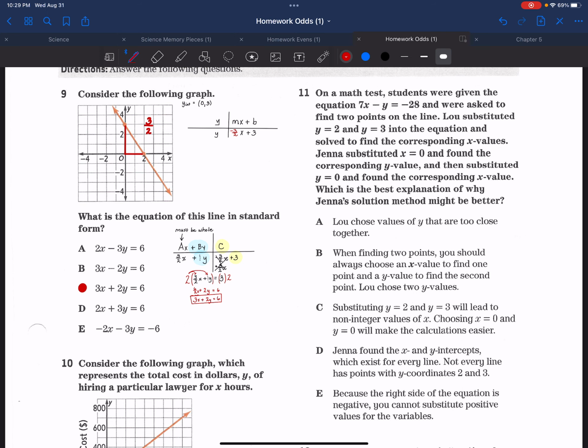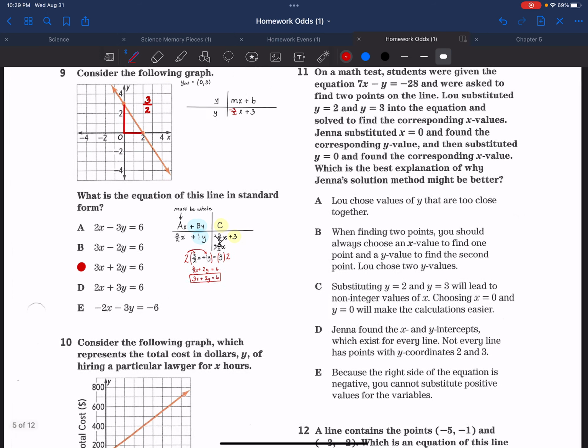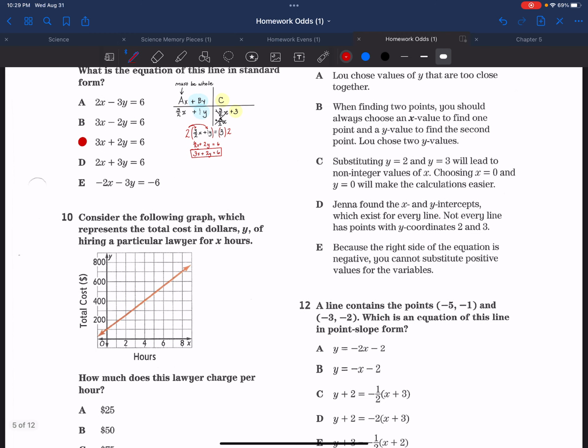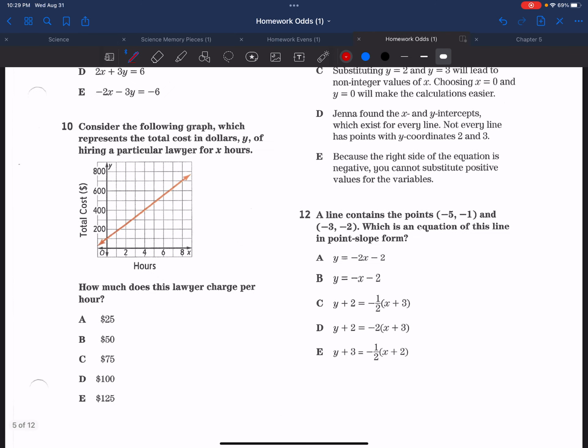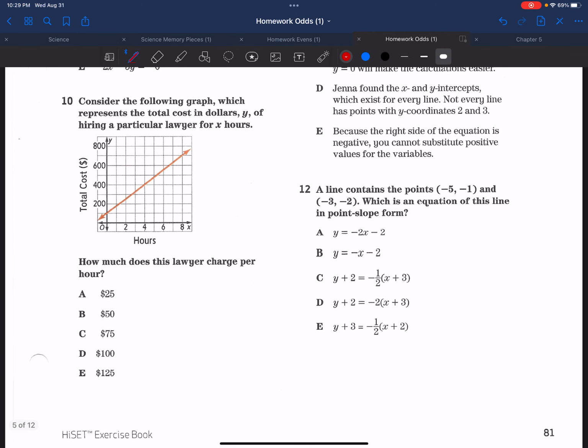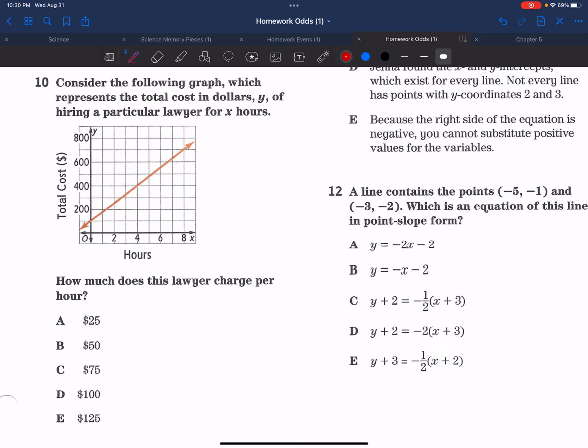Okay. Down here, number 10 says to consider the following graph, which represents the total cost in dollars, Y, of hiring a particular lawyer for X hours.